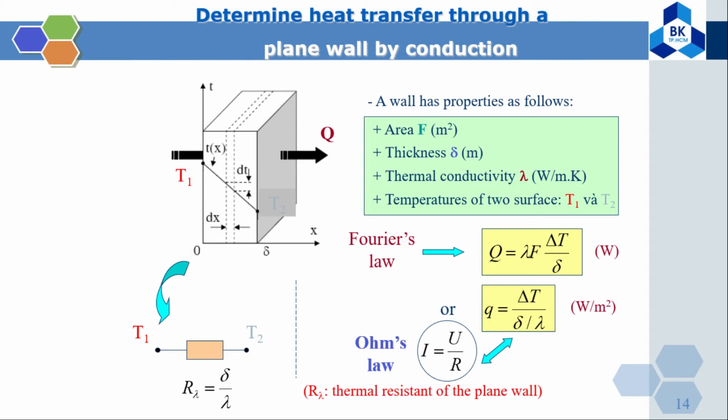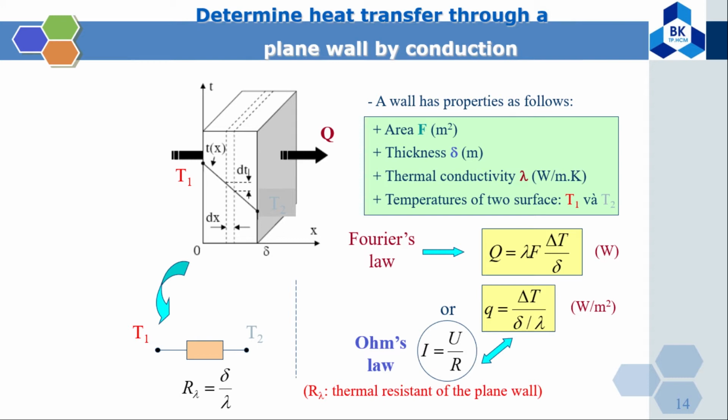If you look at this formula, it's similar to Ohm's law that you learned in physics, I equal to U divided by R. In other words, the two formulas are similar. Q is similar to I, delta T is similar to the voltage difference U, and delta divided by lambda we call the thermal resistance.